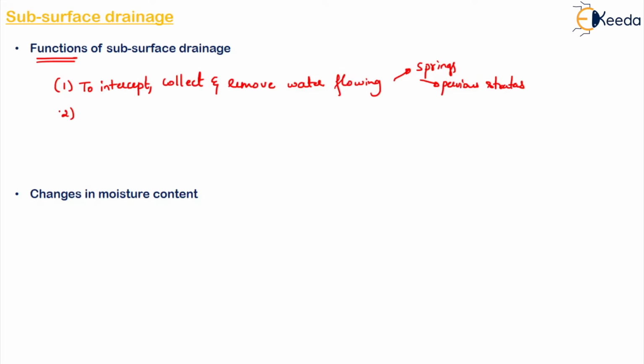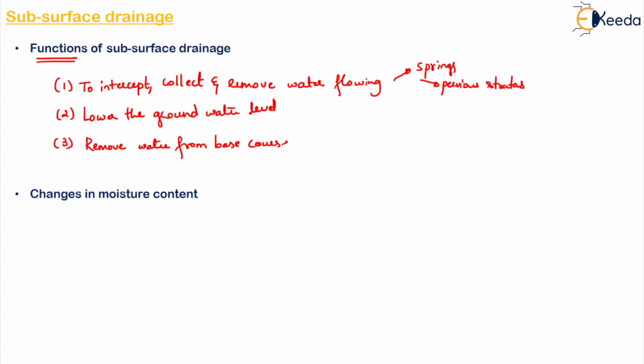The second function is to lower the groundwater level beneath the pavement. And finally, it has to remove water from the base course. So these are the three main important functions of the subsurface drainage.